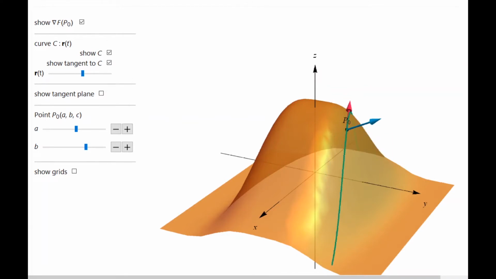So this will give us a way to compute the tangent plane, because we need a normal vector, and here we are. The tangent plane will look like the red plane that you see here. And for a tangent plane, you need a normal vector, and the gradient of the surface provides a normal vector of the tangent plane.